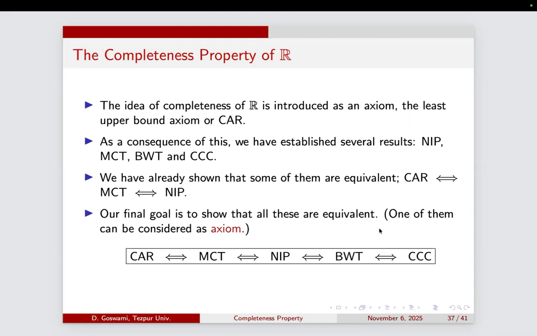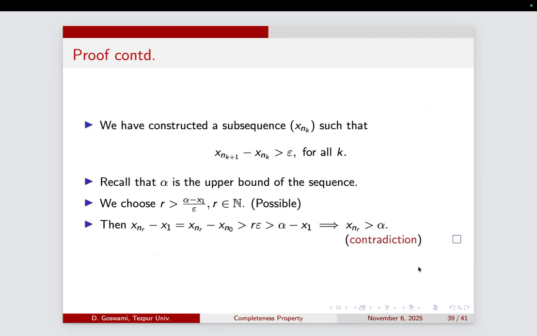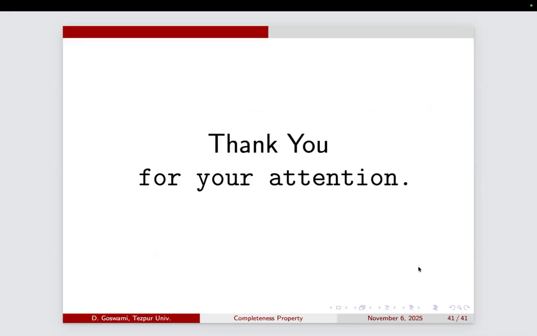We have achieved, starting with the axiom that every upper-bounded non-empty subset of R has a supremum, we have observed that in fact there are many statements on intervals, sequences, subsequences, and Cauchy sequences that are equivalent, and each can be taken as an axiom for completeness of R. So let's thank all of you for your kind attention.